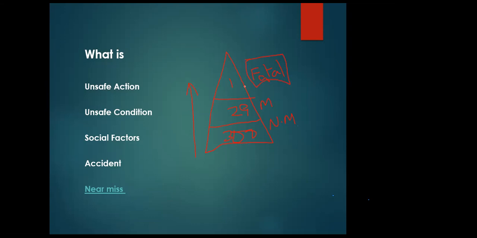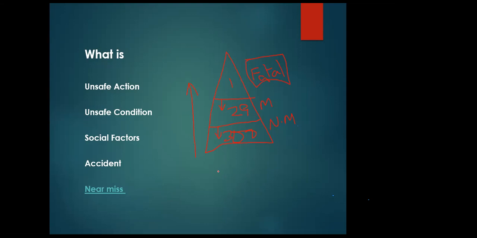What Heinrich's accident hierarchy theory says is that for this one fatal accident, there are 29 minor or major incidents behind it, and for the happening of those 29, there are 300 near misses. It is from research. If you ask me why only 300, or why not 301 or 305, even I do not have an answer.